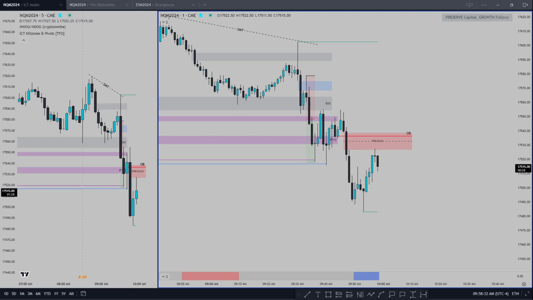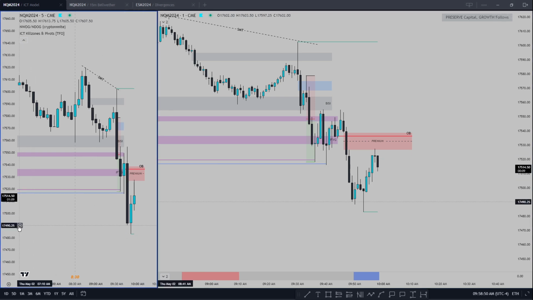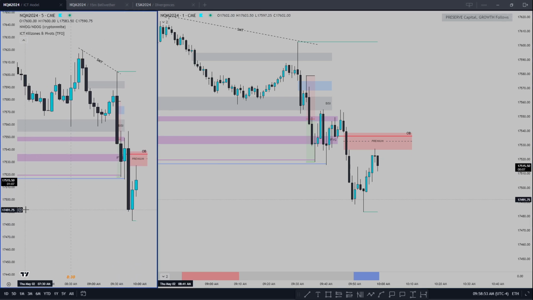A day like tomorrow, though, NFP. NFP is low probability most times all the way up till 8:30. So if you're looking to trade London, Asian, even before, you technically can trade between 7 o'clock and 8:30. There's a silver bullet in there that ICT has mentioned before. I don't really like trading before a news driver like that.